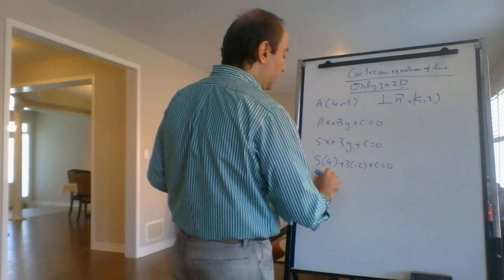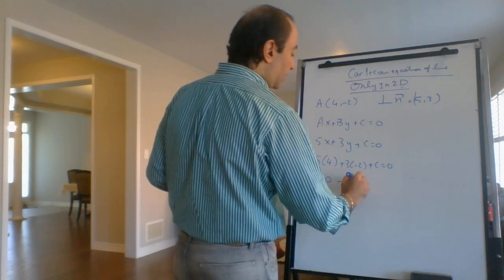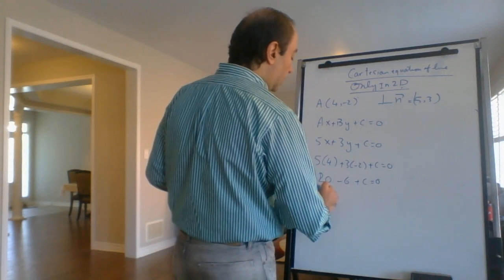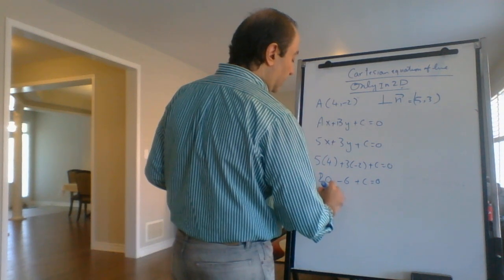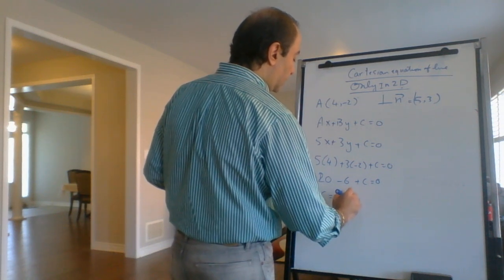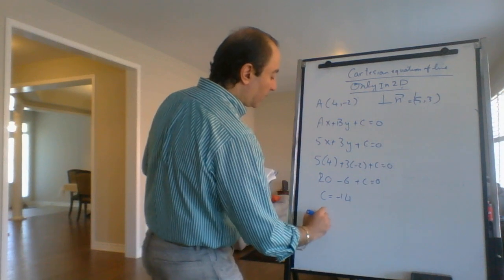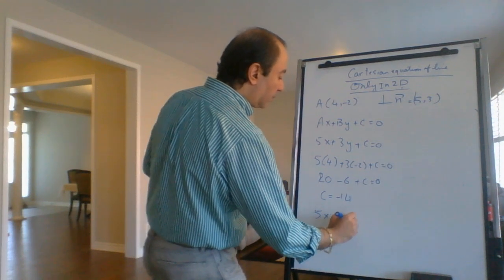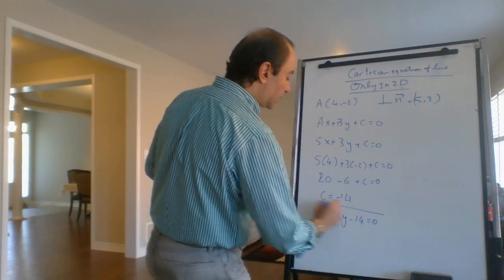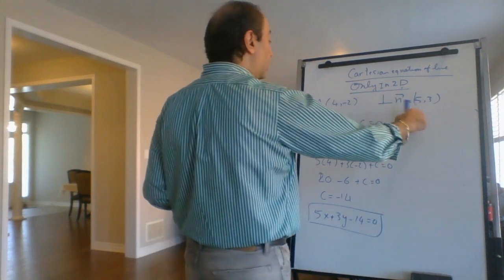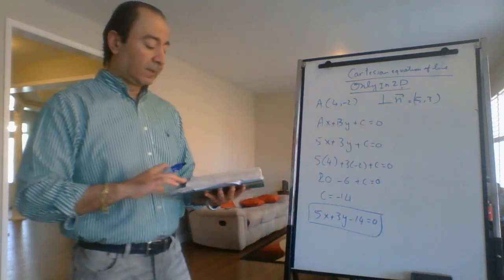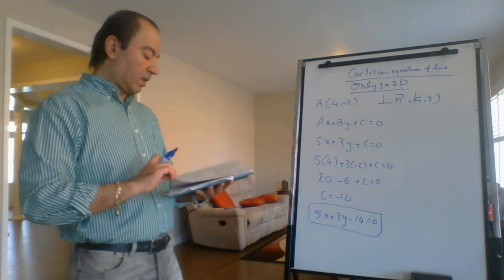So 20 minus 6 plus c equals 0. So c will equal negative 14. So the equation will be 5x plus 3y minus 14 equals 0. This is the Cartesian equation if we know the normal vector and the point on the line.